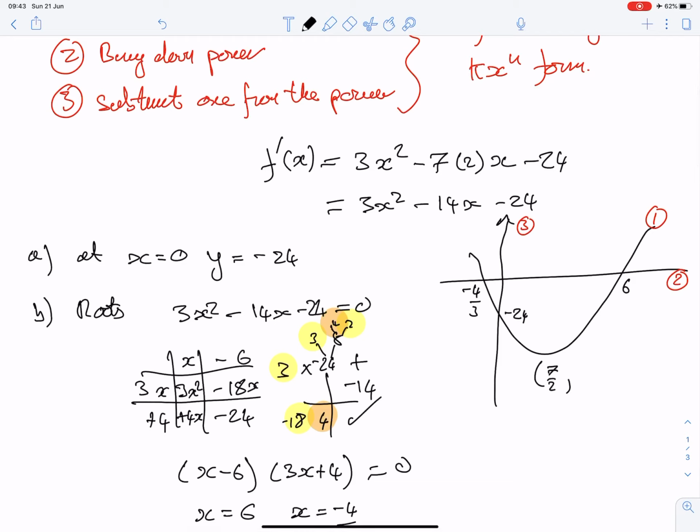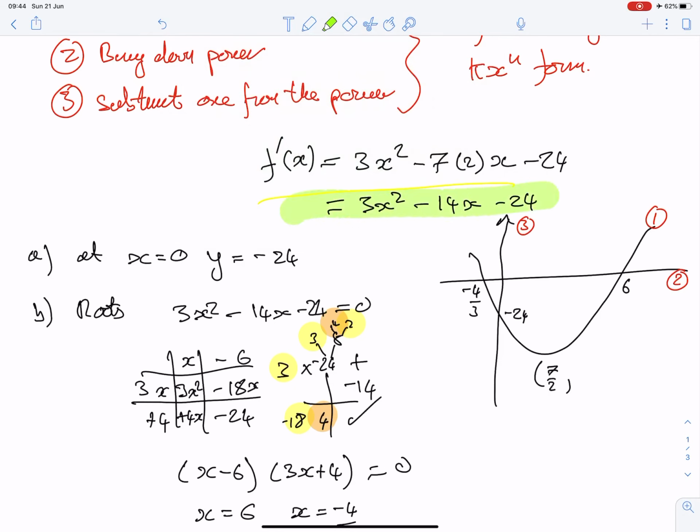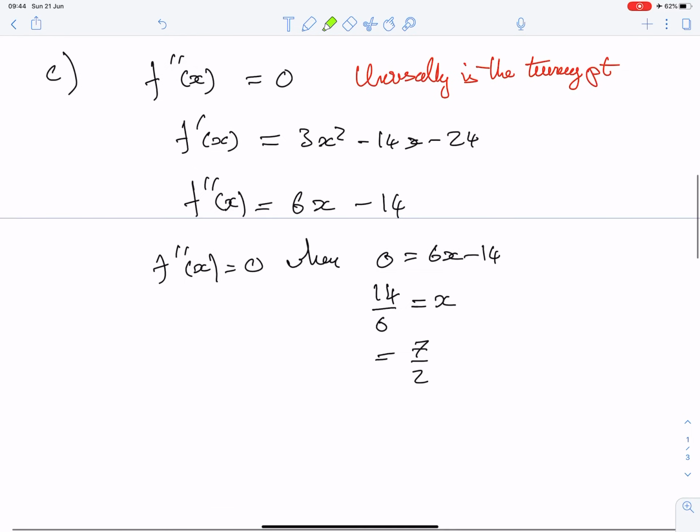And we need to find the y value. Now again, you've got to think carefully. You've got to remember that the graph we've drawn is this. That's that line. So to find the y value, we've got to substitute it into that line.